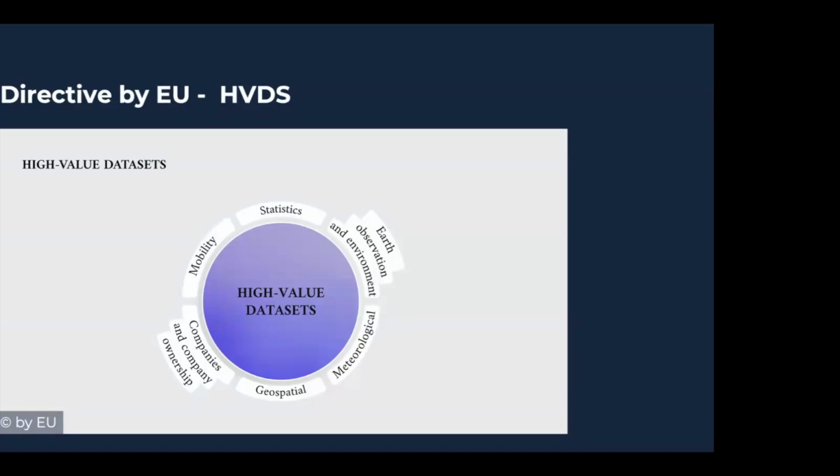Maybe of interest to you anyway, because as you can see, there are a lot of different sectors covered by this directive. And the important one for me obviously is the meteorological one. What this directive says is that by this summer, so four or five months ago, each member state is obliged to deliver this kind of data as open data.